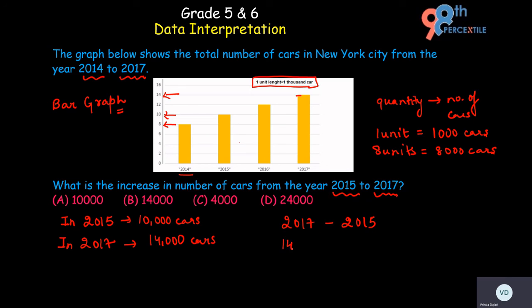That will give us 14,000 minus 10,000, which is equal to 4,000. So the increase in number of cars from the year 2015 to 2017 is 4,000, which is our option number C.